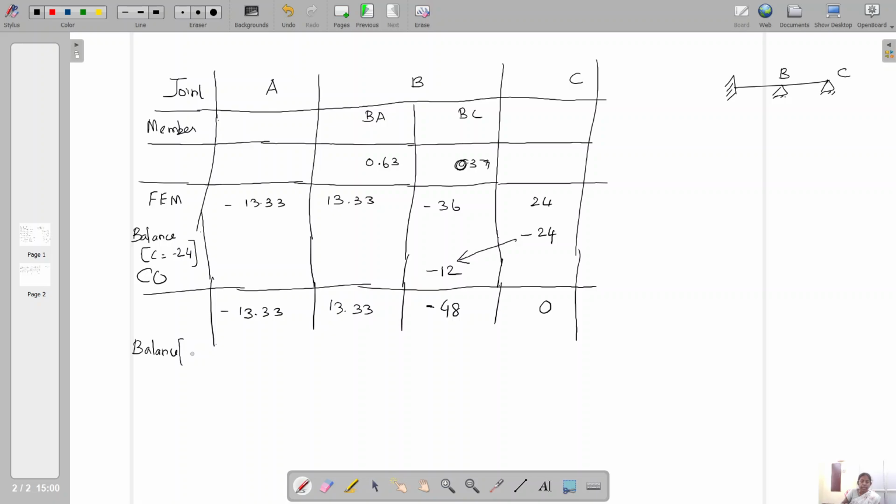So we should add plus 34.67 for the joint B. Next one, this unbalanced moment should be multiplied with this distribution factor: 34.67 into 0.63 is equal to 23.22 and 34.67 into 0.37 is 11.44.